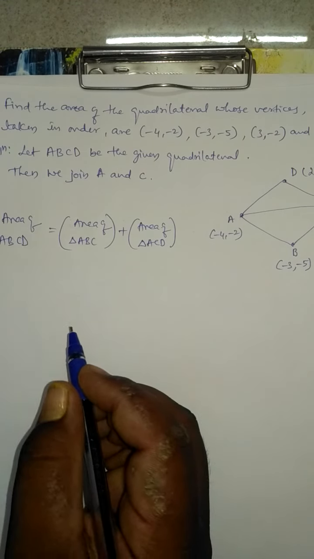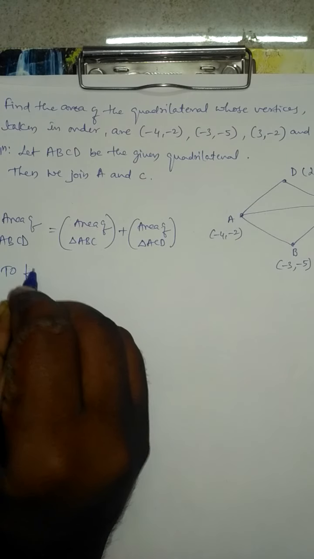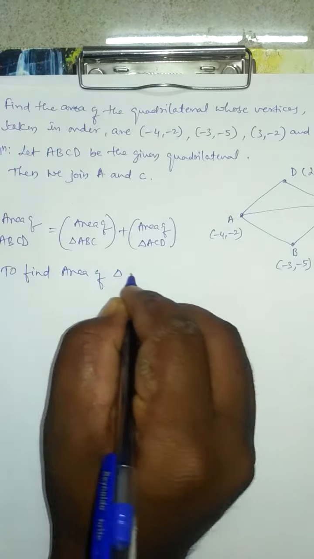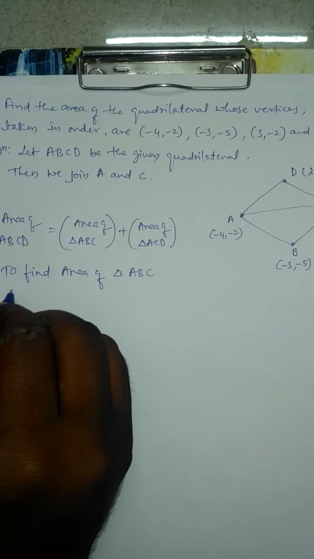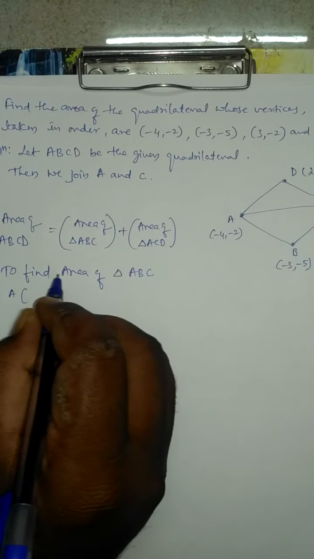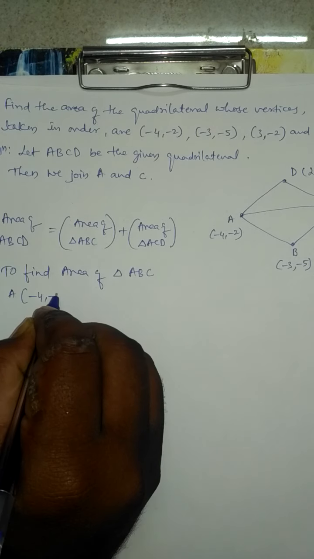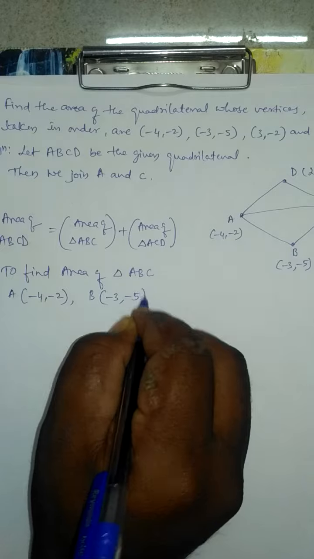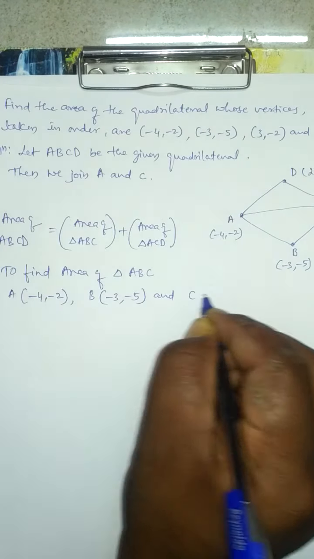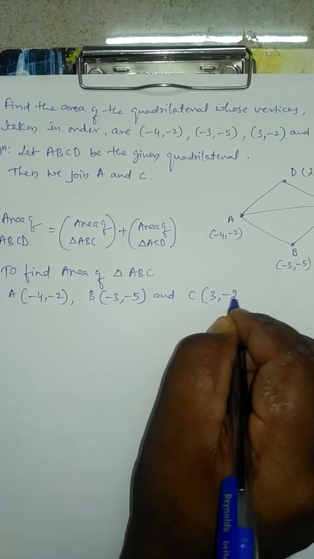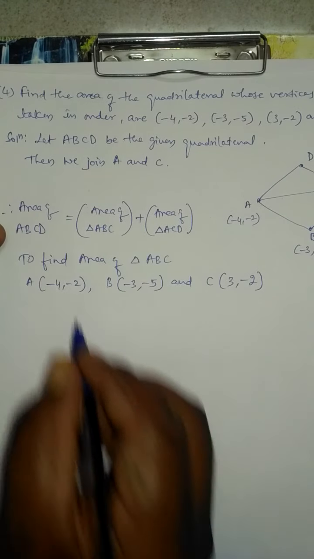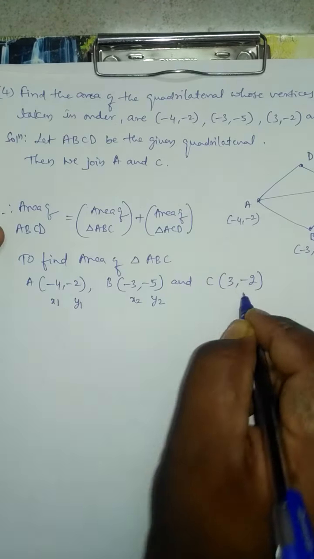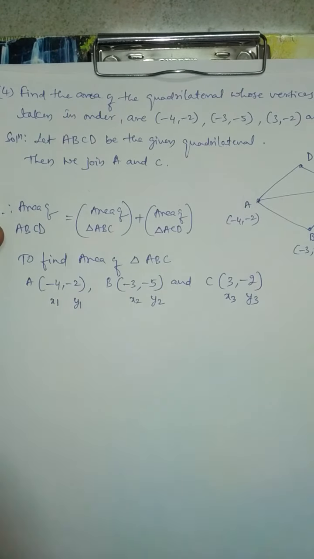So now to find the area of triangle ABC, here coordinates are, A coordinates are -4, -2, B coordinates are -3, -5 and C coordinates are 3, -2. Now this one you have to consider as x1, y1, x2, y2 and x3, y3.